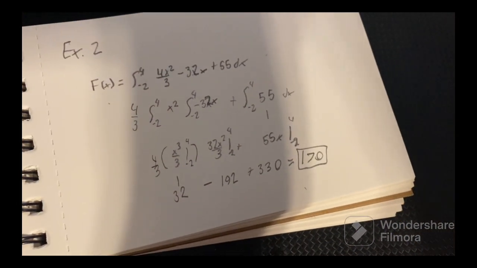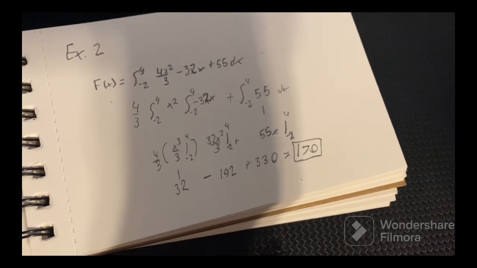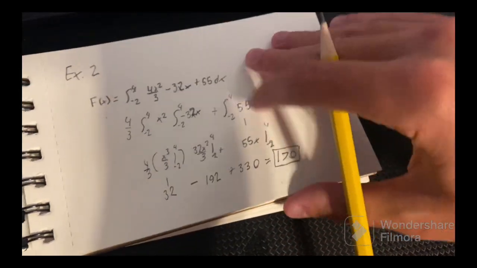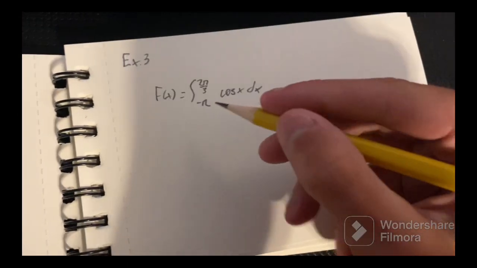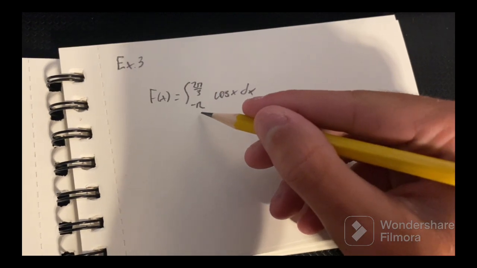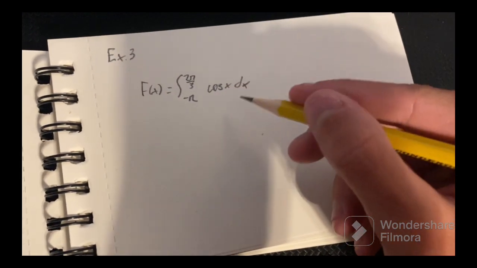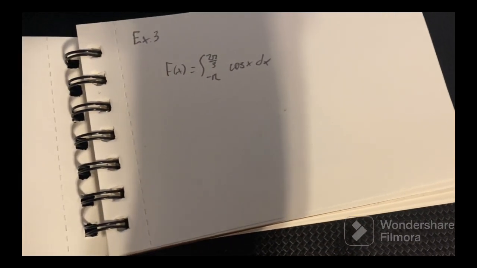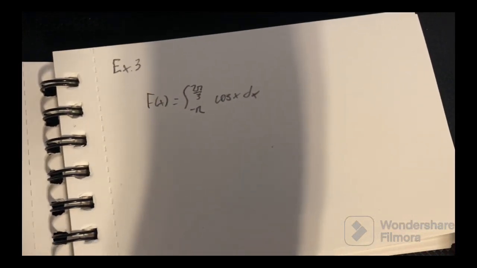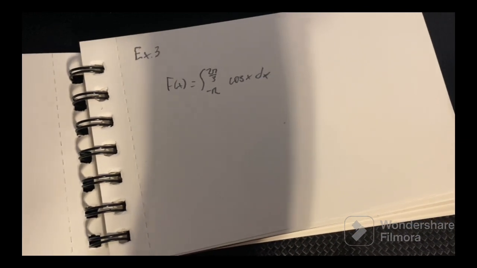But did you know that you can also solve pi related problems? Well, I have one last example here. And this one is the function f of x on the interval of -pi to 2 pi over 3 of cosine dx. That doesn't seem too terribly complicated unless you used to have a fear of pi's like I did. Let's go ahead and do this.